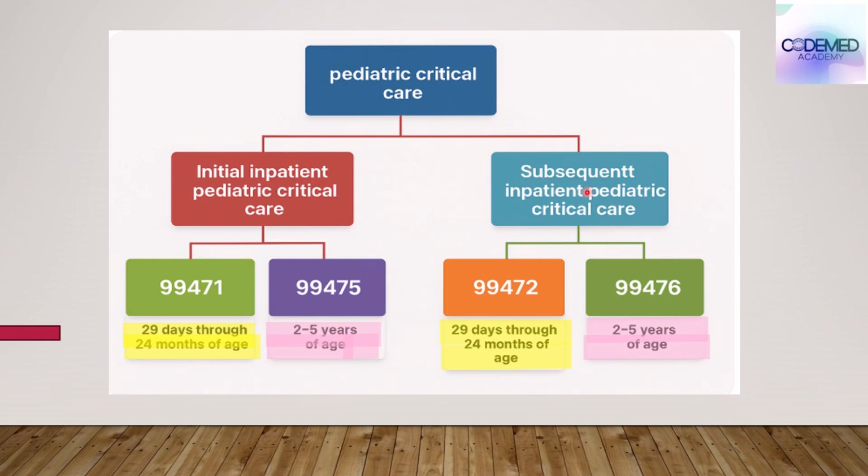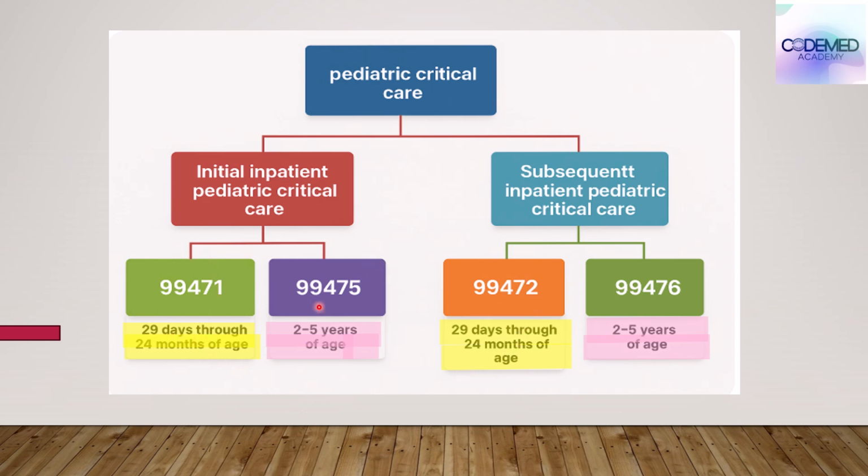And we have four codes. So 99471 is for 29 days through 24 months, that means till 2 years. This is the initial and this is the subsequent, for 29 days through 24 months of age. So we have 471 and 472. I have used the same color coding so that you will understand that this is the initial and this is the subsequent.